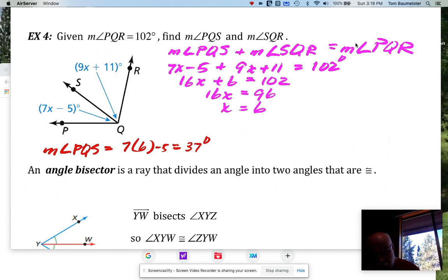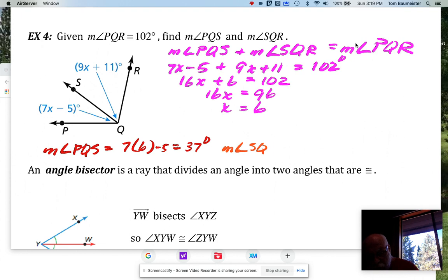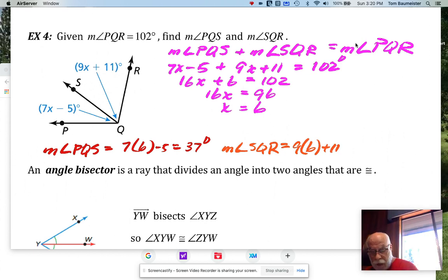And then the measure of angle SQR is equal to 9 times, again, our x was 6, plus 11, and that'll be 65 degrees.